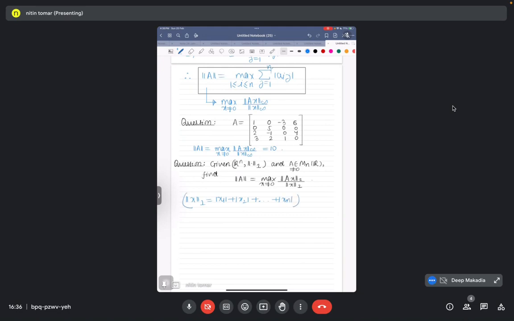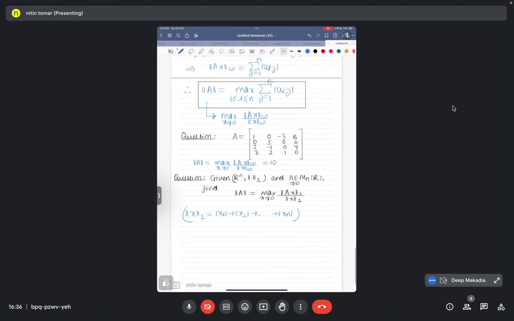If this question is clear, I am going up so that you can see the previous proof. Can I go up? Is the question clear?